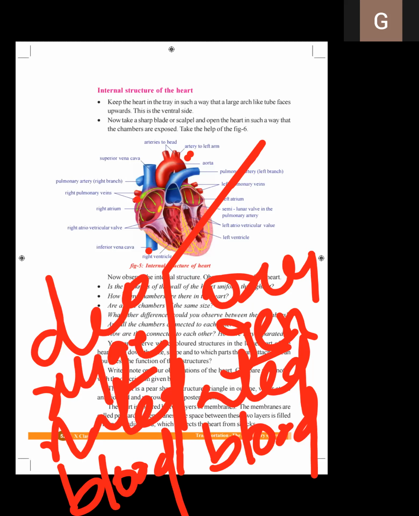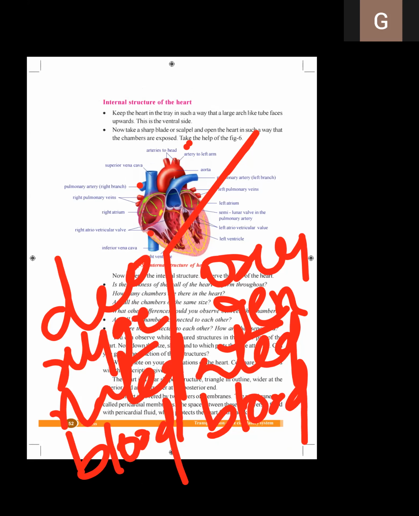That is the function of the pulmonary artery. The pulmonary artery, or pulmonary aorta, has valves which we call pulmonary valves. Okay, next, coming to the left side. Here we have the organ.